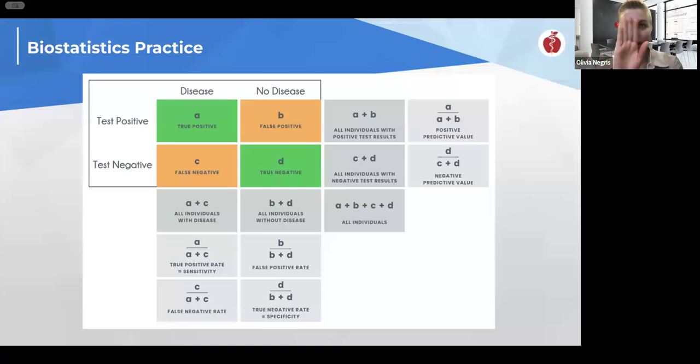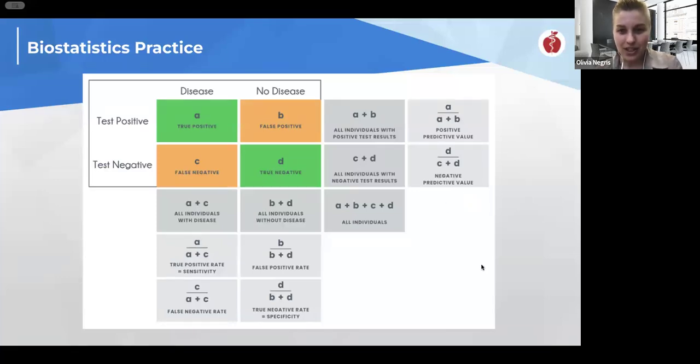You can always think about your top columns being labeled as disease or no disease. You always start with disease, and then the second column is always no disease. And when we're labeling the side, it's always a positive test on top, followed by negative test in that second row.